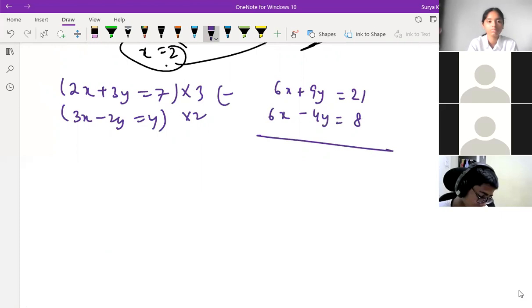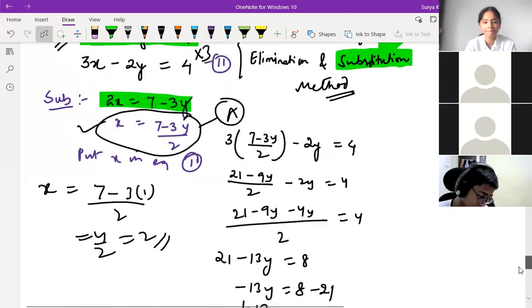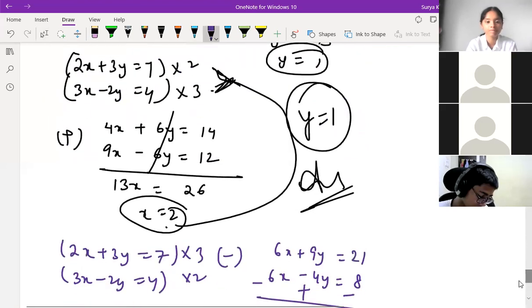On subtracting, here you go, subtract. This becomes minus, this becomes plus, this becomes minus. You get this one? So every time we have to subtract only. No, add also, because here the signs are the same. No, you have to subtract. Okay, if signs are different, then we have to add. Here I have added because the signs are different, plus and minus.